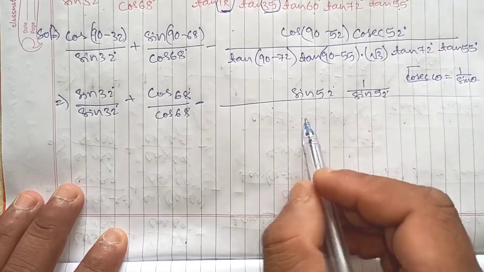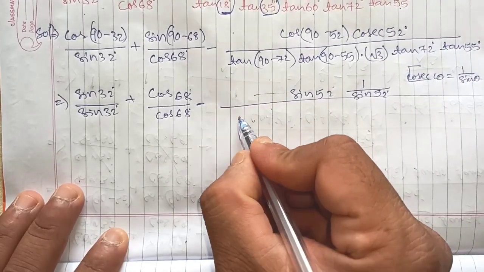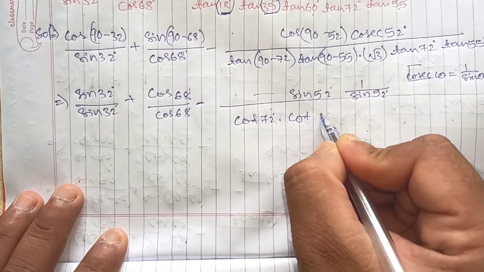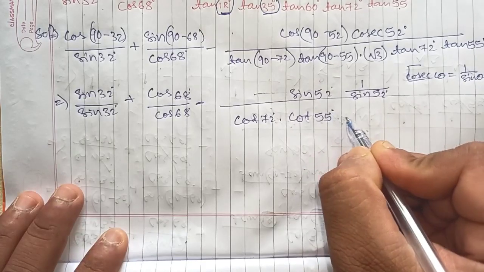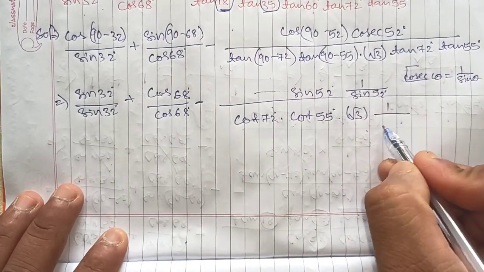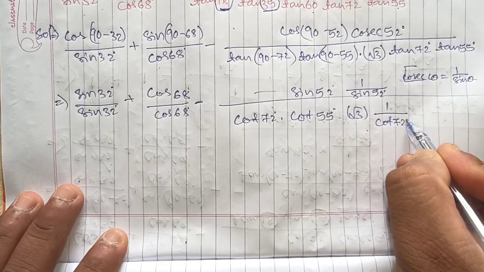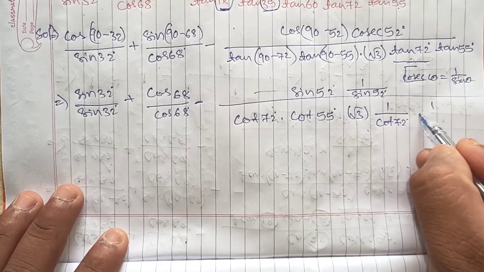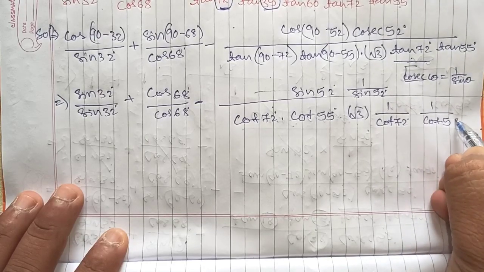Now tan 90 minus theta is cot theta, cot 72 degree into tan 90 minus theta again cot theta, cot 55 degree into root 3 as it is. Tan theta is 1 by cot theta. Cot 72, this will become 1 by cot 72. This will become 1 by cot 55 degree.